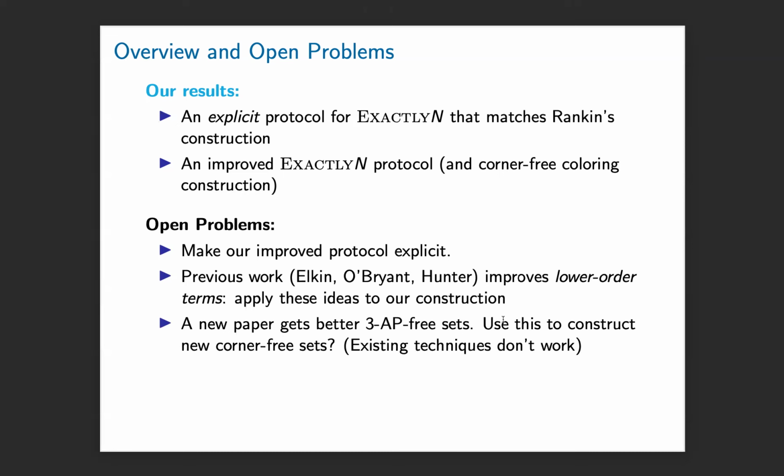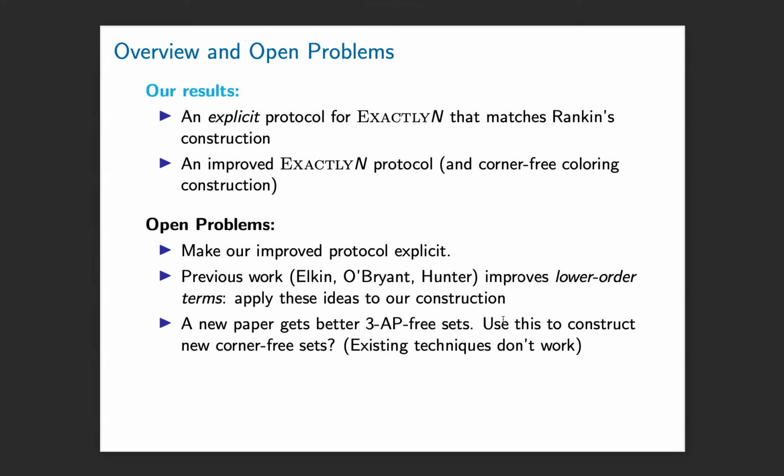And fairly recently, on the archive, there was a new paper by Zach Hunter, Lisa Sauerman, and two other authors that I'm blanking on, I apologize, that gets better three-term arithmetic progression-free sets using ideas similar to Behrend, but a much more involved argument.